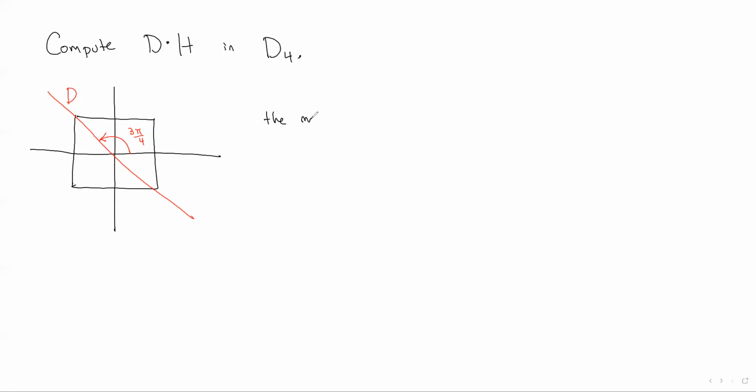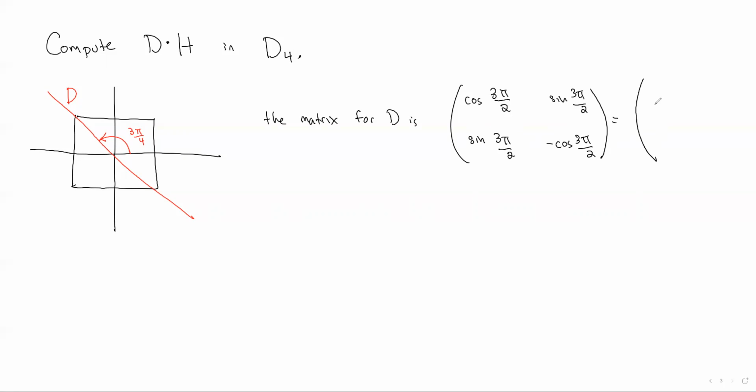The matrix for D is cos 3 pi over 2, since I multiply by 2, sine 3 pi over 2, sine 3 pi over 2, and negative cos 3 pi over 2. And if you actually compute what these numbers are, you get 0, 1, 1, 0.